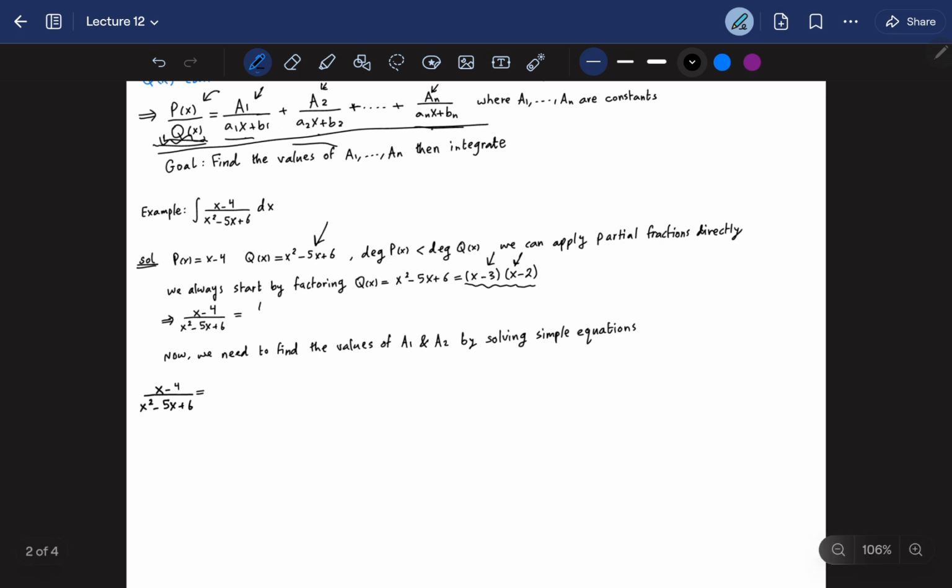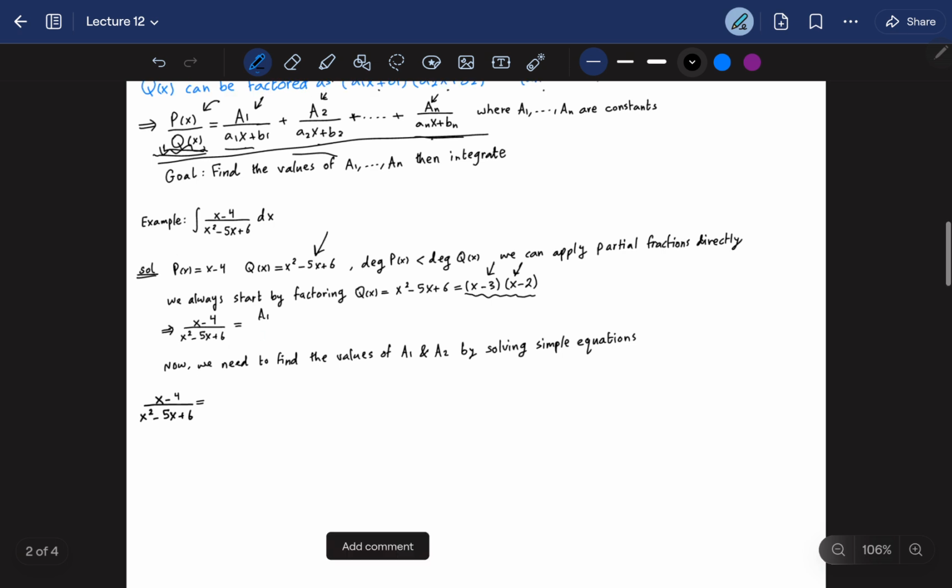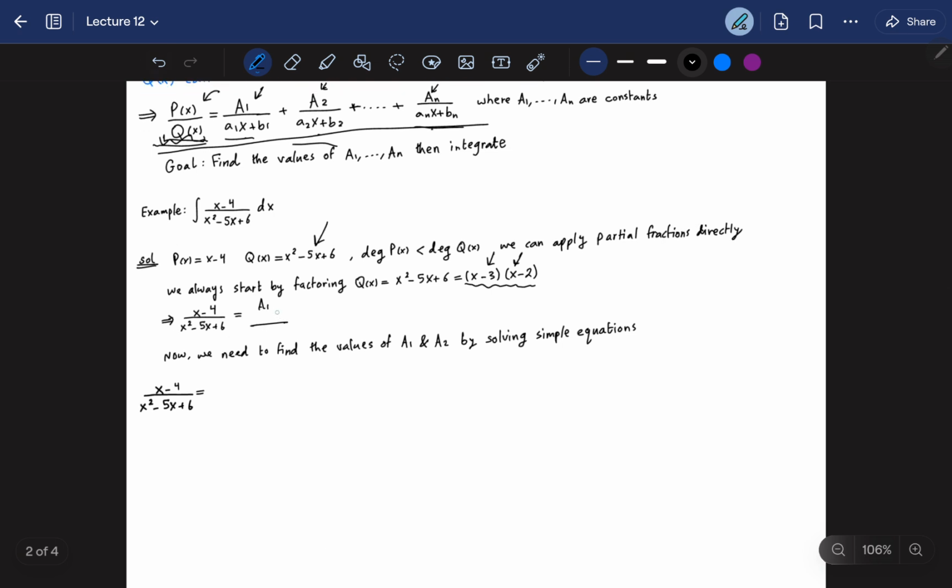So I just take a constant a1 divided by one of the factors plus a constant a2 divided by the other factor. So now the rational function that we started with is equal to these two fractions, so we decomposed it. So now we want to find the values a1 and a2.